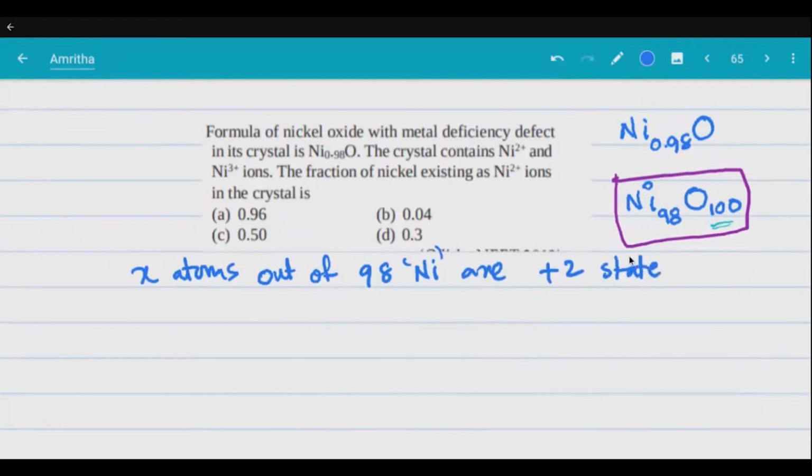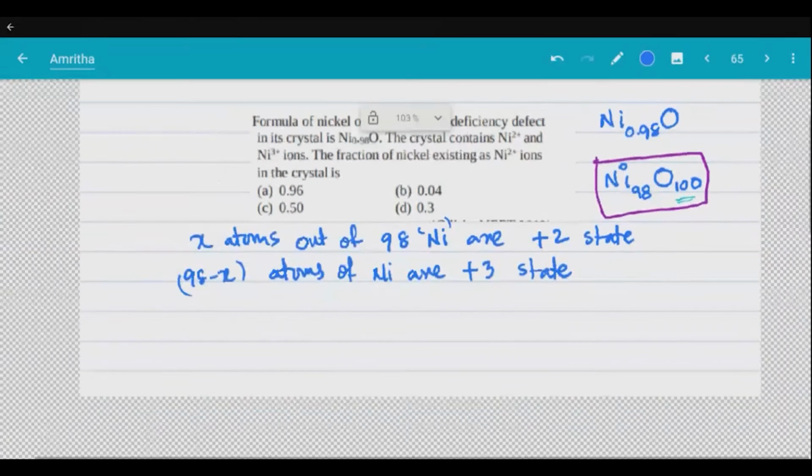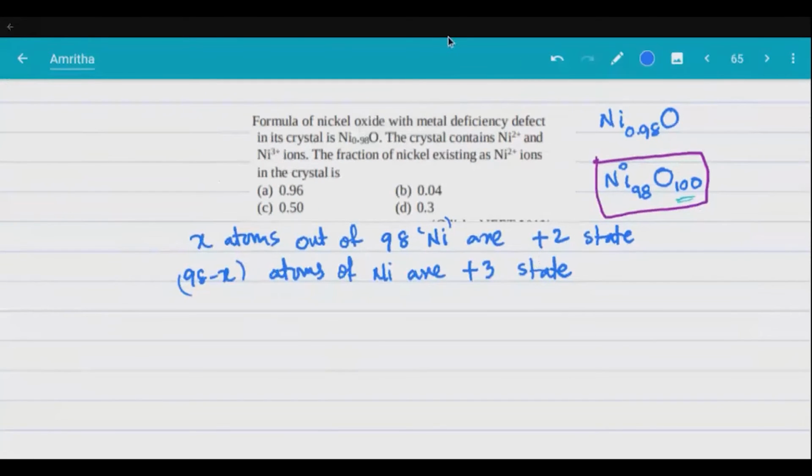Then 98 minus x atoms of nickel carry the plus 3 state, right? Total atoms are 98. I'm just taking x atoms in the plus 2 state, so 98 minus x atoms are in the plus 3 state.